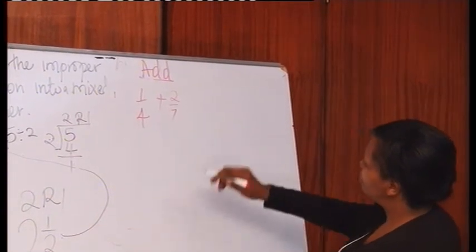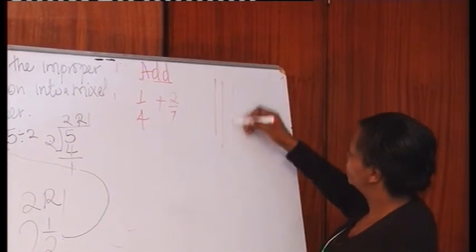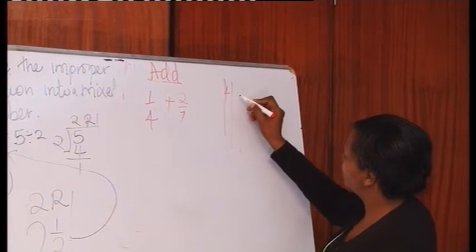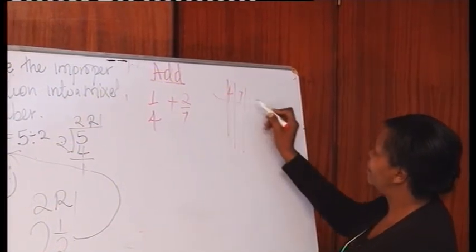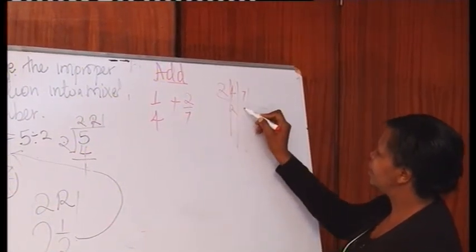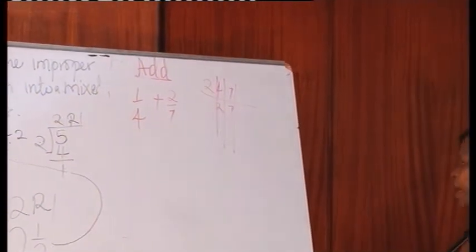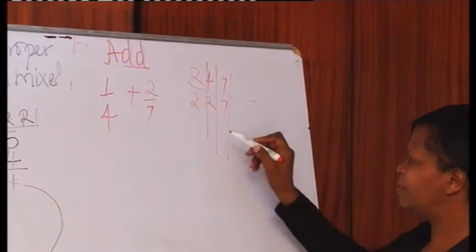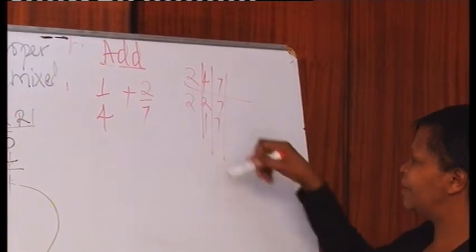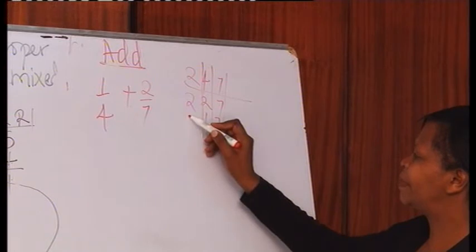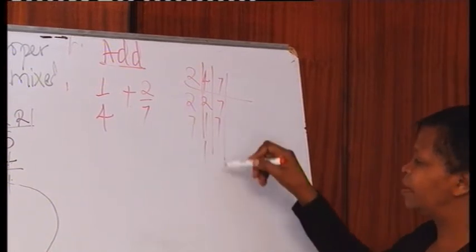So what do you do first? Look for the LCM of 4 and of 7. I can divide by 2 here to get 2, and then 7 because it cannot be divisible by 2. And then I divide again by 2, I get 1, and then 7 again. And then I divide by 7 to eliminate the numbers, 1, 1.